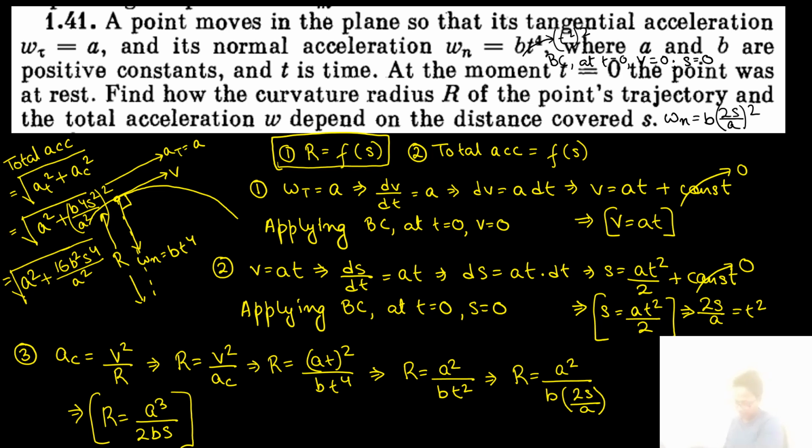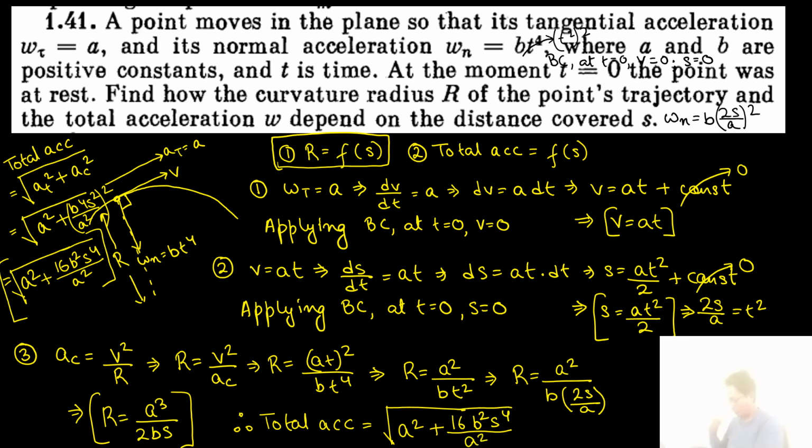So our total acceleration would be nothing but this term, total acceleration as a function of s. So therefore total acceleration is equal to under root of a square plus 16 b square s to the power 4 divided by a square.